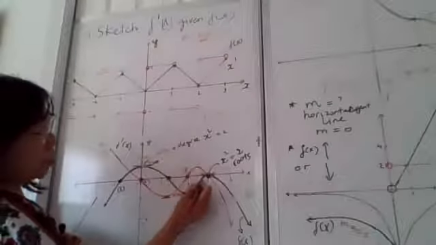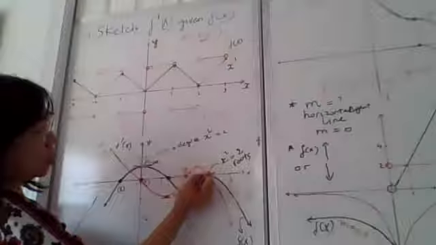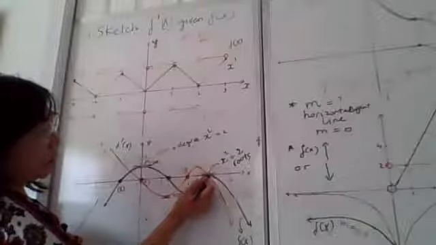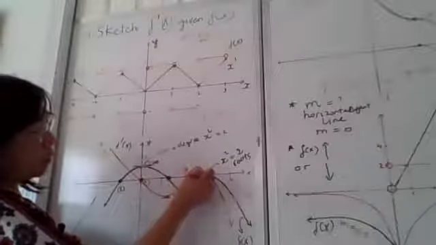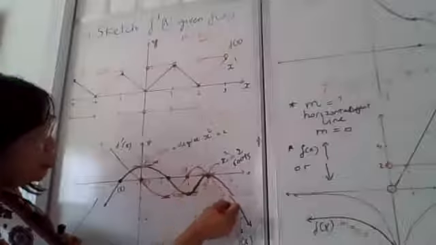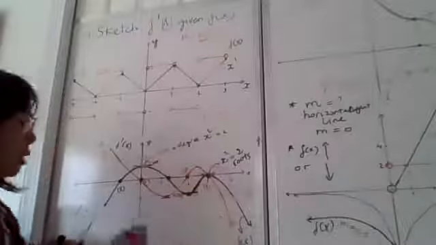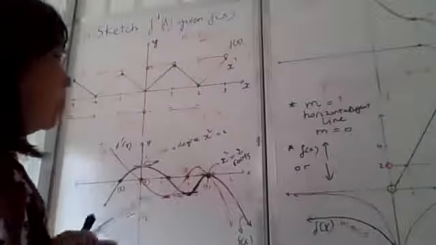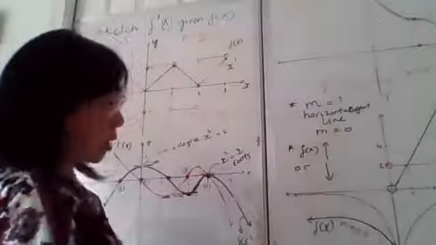Now the function is increasing, so we know it's a positive slope. Then at this point, our derivative goes through and the function is decreasing, so we have a negative slope again. These are the important things we pay attention to when we sketch the derivative graph.